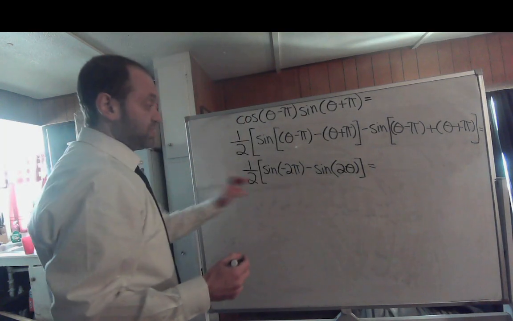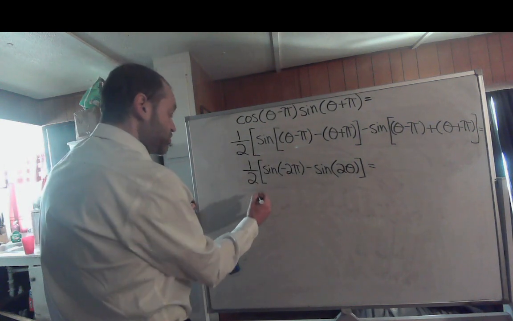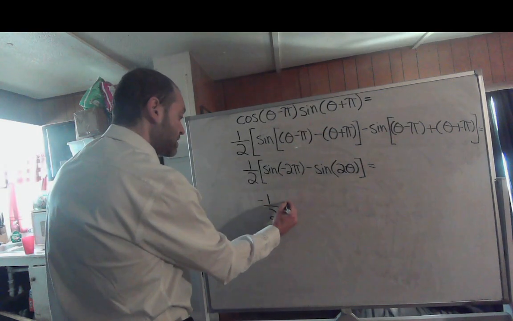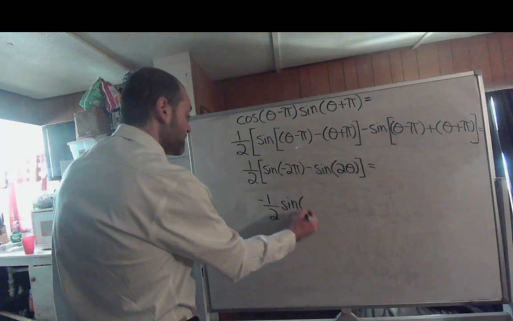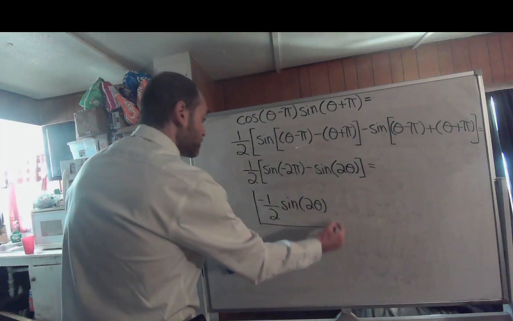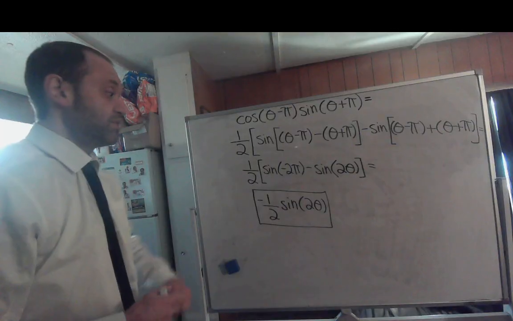Well, sine of negative 2 pi is just 0. So what you should be left with is negative 1/2 of the sine of 2 theta. So this should simplify into negative 1/2 of the sine of 2 theta in the end.